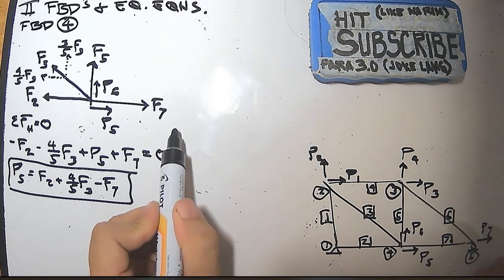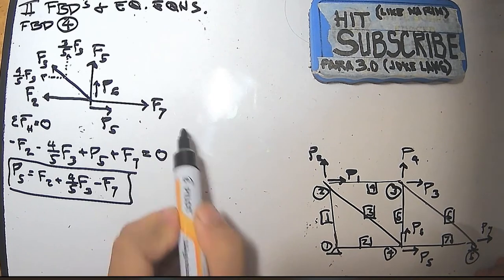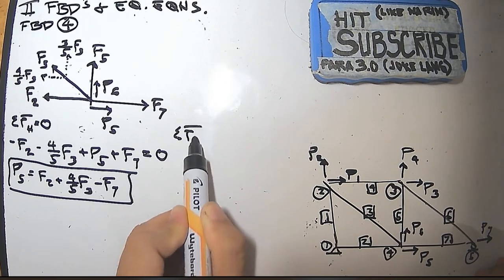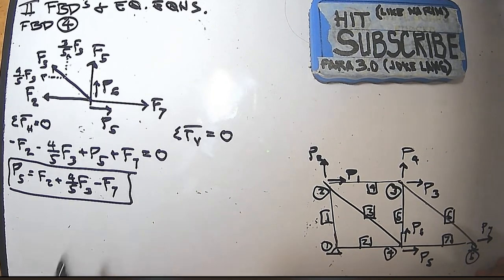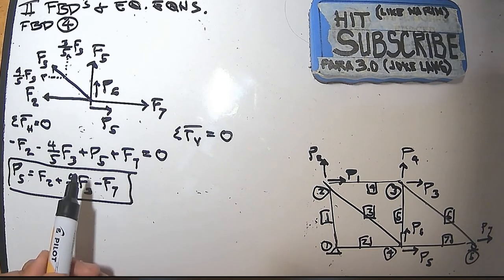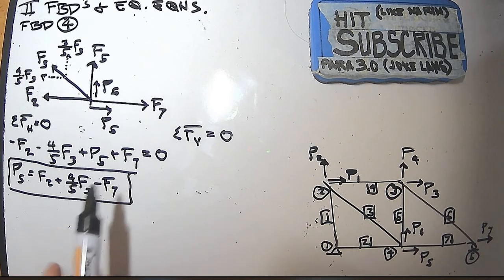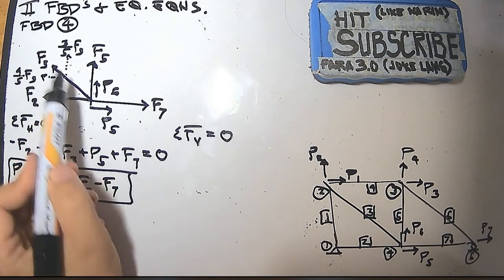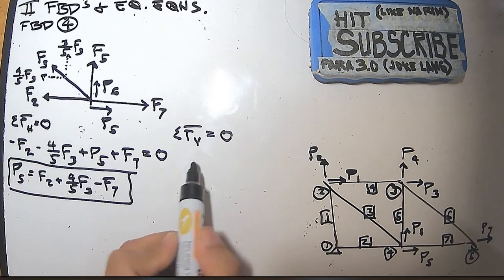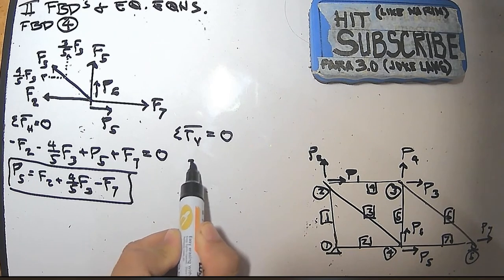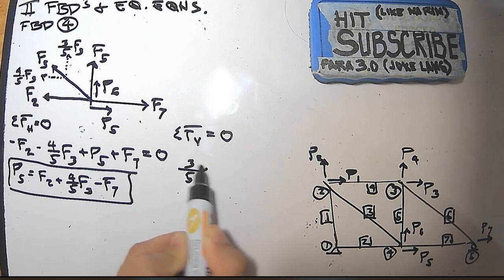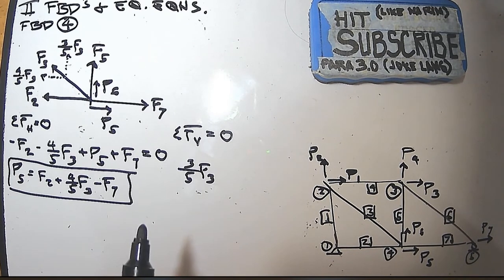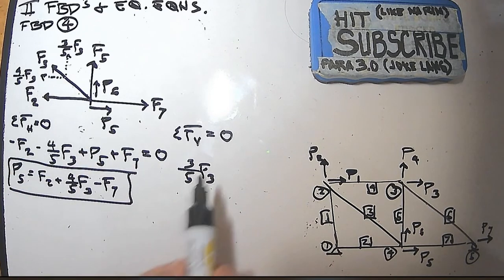Followed by summation forces vertical equal to 0. So, mauna si F3. Dalawa lang, no? So, 3/5 F3 tsaka si P6. So, this is 3/5 F3 tsaka si F5, no?